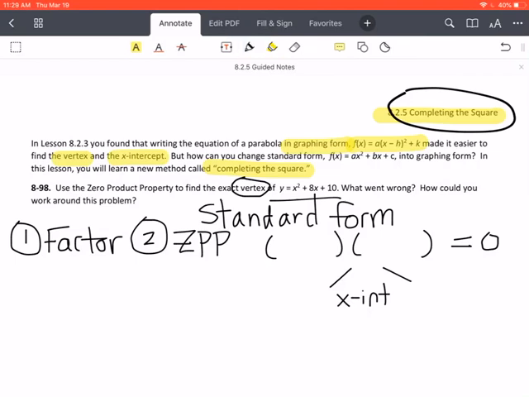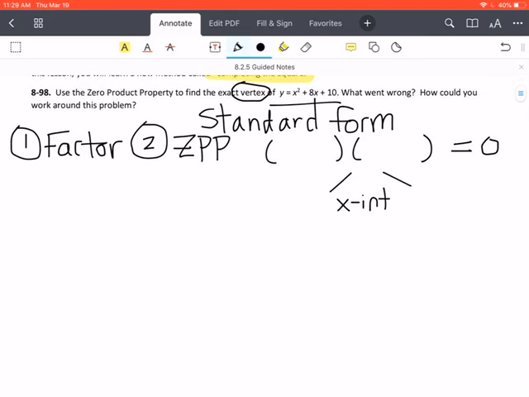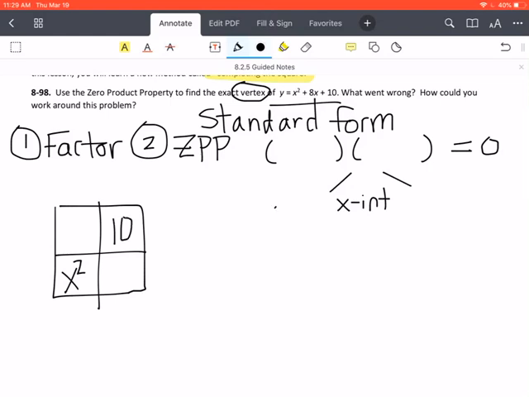So if we go ahead and follow along with what they want us to do, we can create our generic rectangle, and we can go ahead and place our x squared, our unit tiles, and create our diamond. Our diamond, we are going to multiply up the diagonal and place that at the top of the mountain. And then we are going to put our x tiles at the bottom of the diamond, and we're going to stop and think, what two numbers multiply to be 10x squared but add to be 8x?